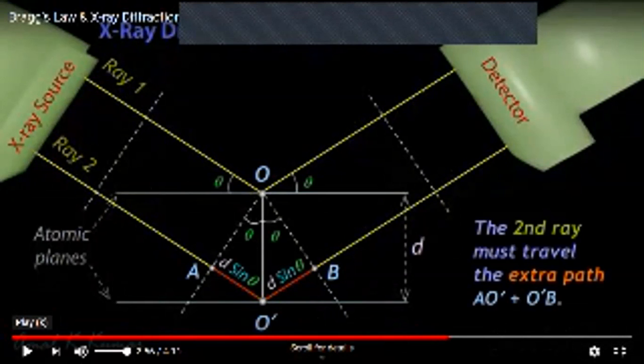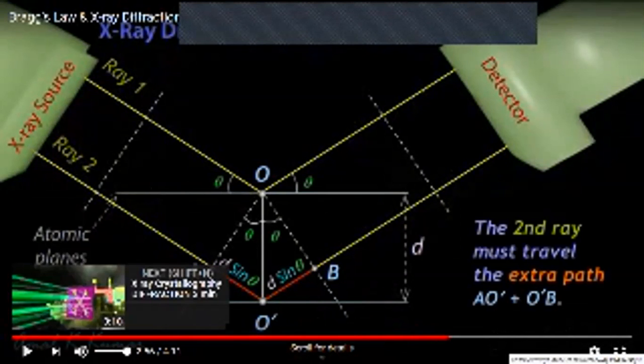Since the second ray must travel the extra path from O to B, that's where we get the 2d sine theta from.